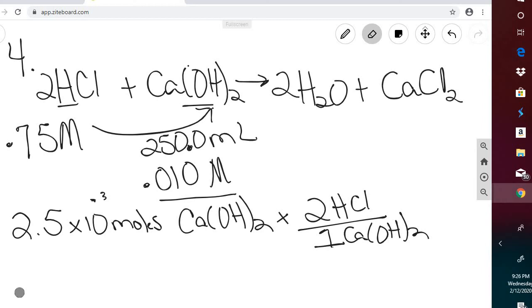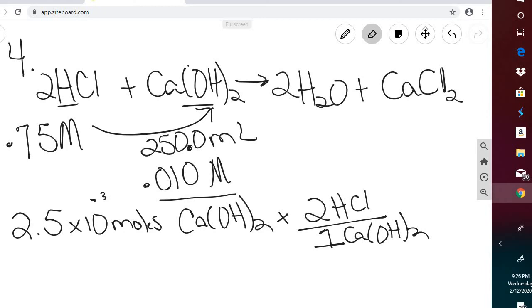So 0.250 times 0.010, yeah, 2.5 times 10 to the negative 3, and times 2. It's going to be 5.0 times 10 to the negative 3.